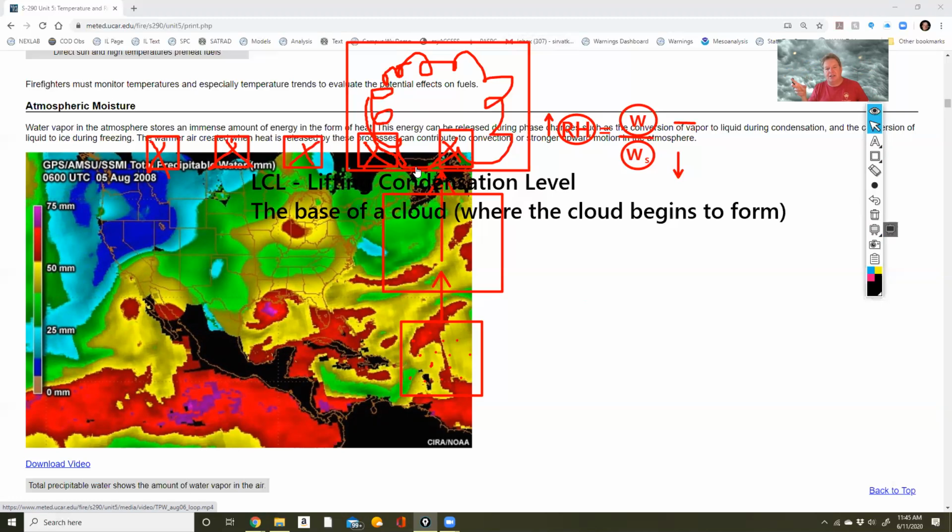Water vapor condenses. And therefore, the air stays saturated, the relative humidity is the same, but W goes down and so does W sub S. I'm condensing water vapor, and that's what a cloud is. Now, where does that start? It starts at the LCL.